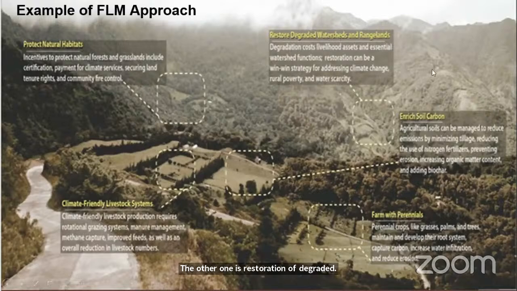The other one is restoration of degraded watersheds and rangelands. This is important because it provides a win-win situation in addressing climate change and enhancing ecosystem services, the products and services that we get from the ecosystem, food and water and so on.